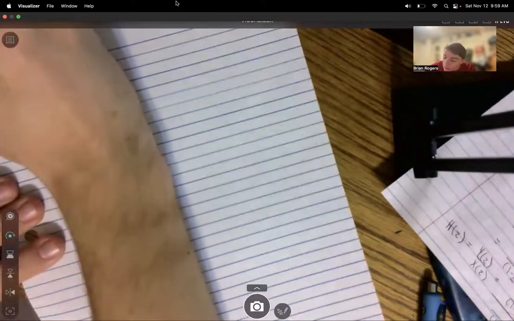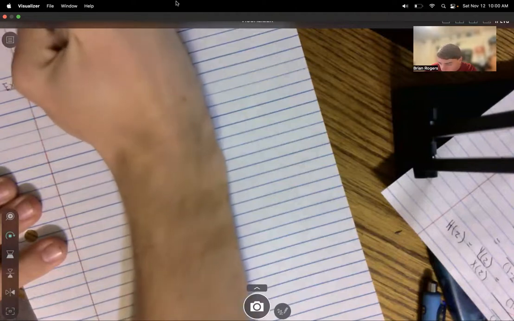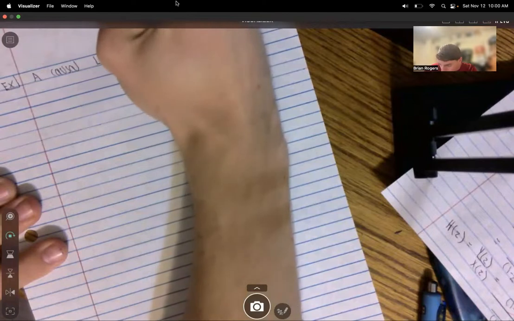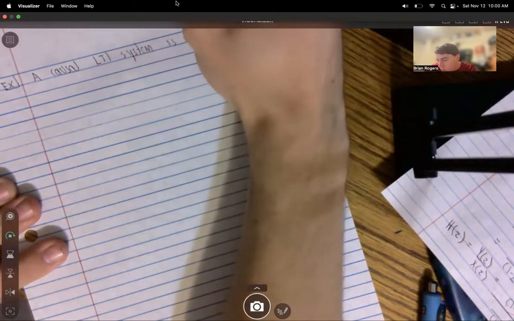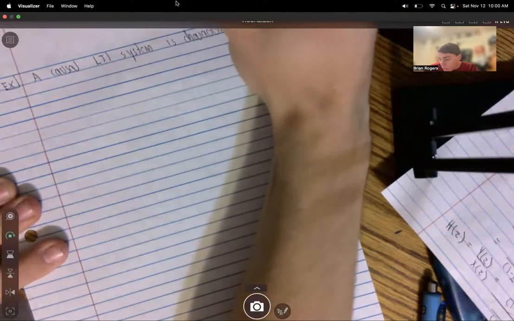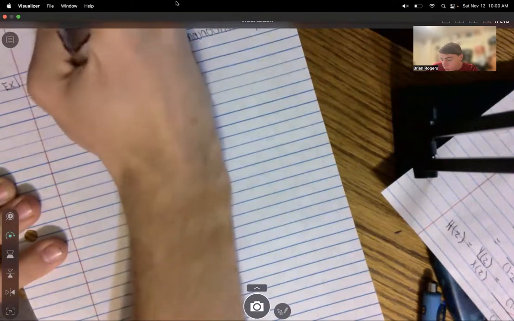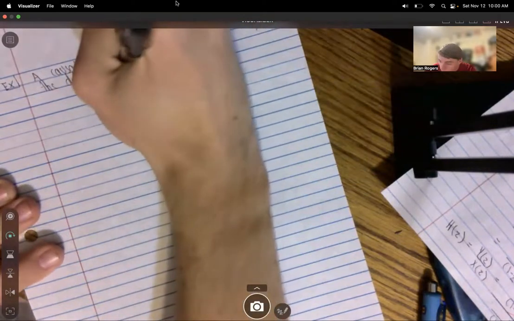So for this example, it specifies that a causal LTI system is characterized by the difference equation. So remember, if they're saying difference equation, linear constant coefficient difference equation, that should be popping up in your mind.